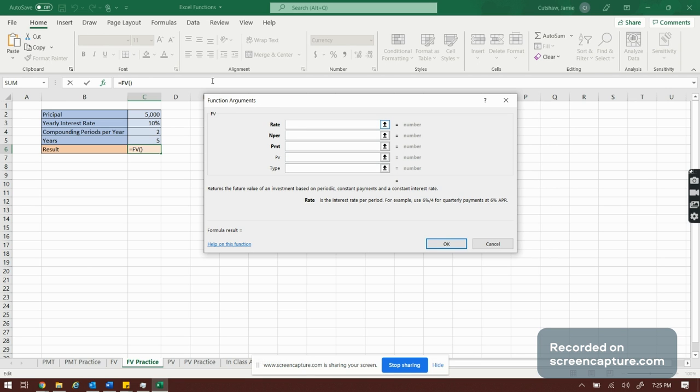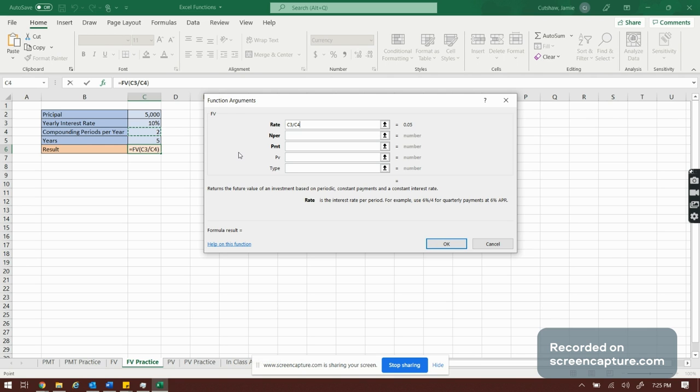First off, for our rate, our interest rate, that's going to be 10%, right? However, just like before, we have to do a little something with this number. It's not just a yearly interest rate of 10%. That number is going to be compounding for 2 periods per year.